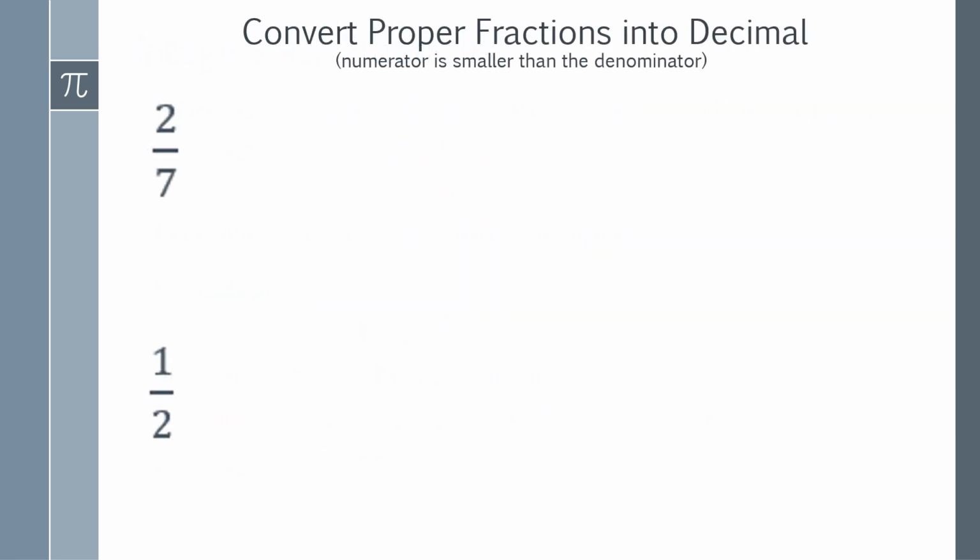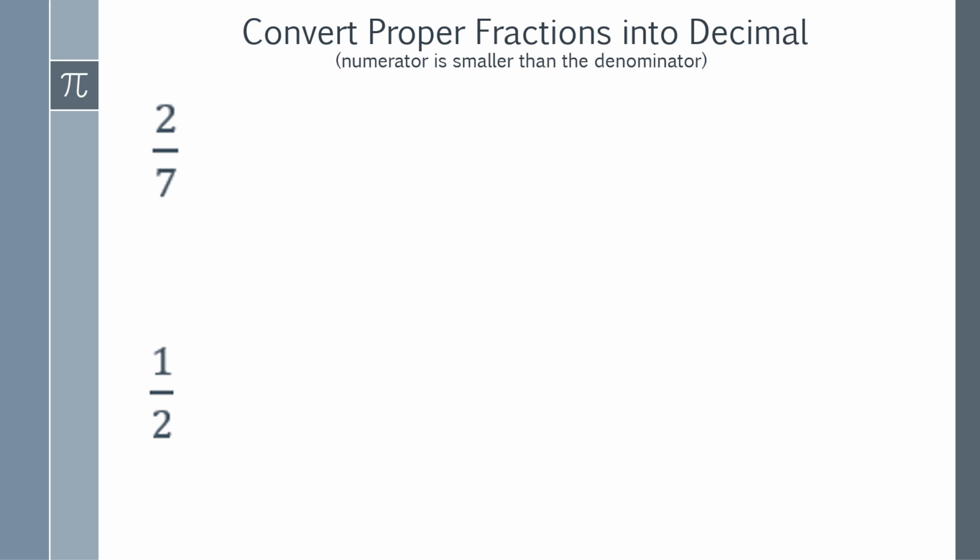For our first example, we're going to convert a proper fraction into a decimal. It's called a proper fraction because the numerator is smaller than the denominator. Regardless of which number is larger or smaller, you follow the same rules.